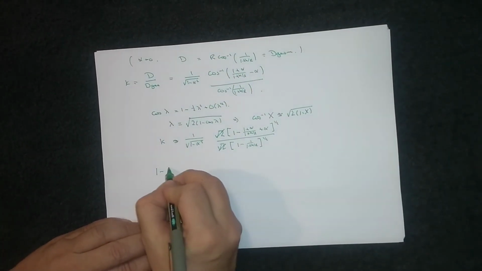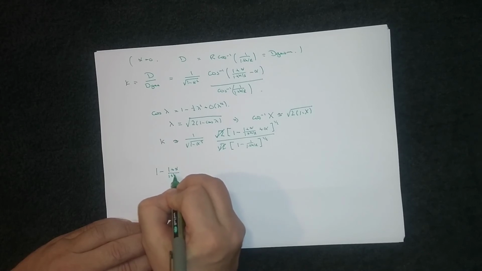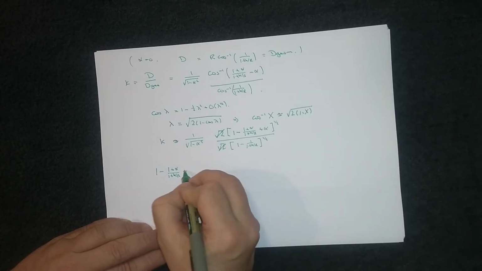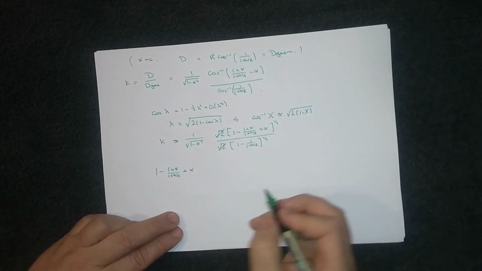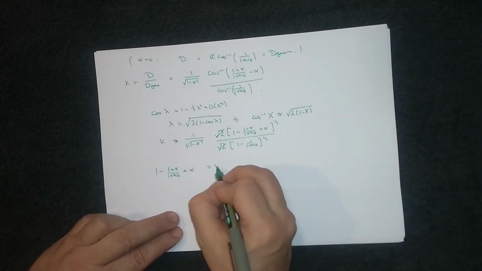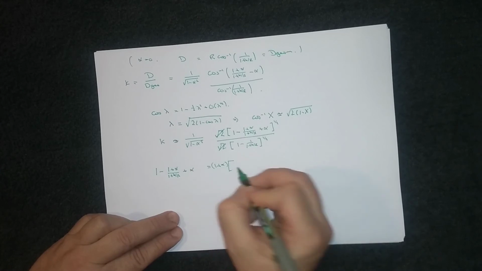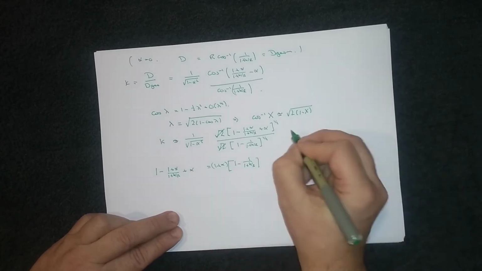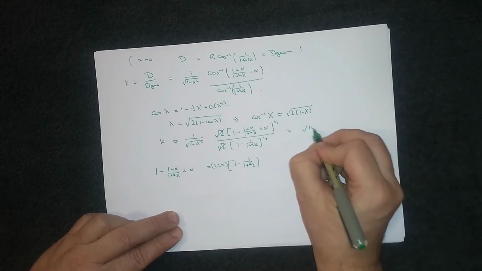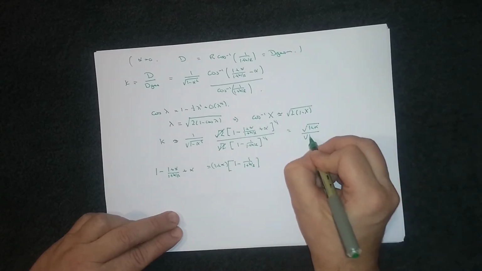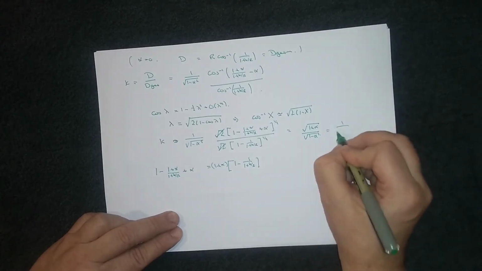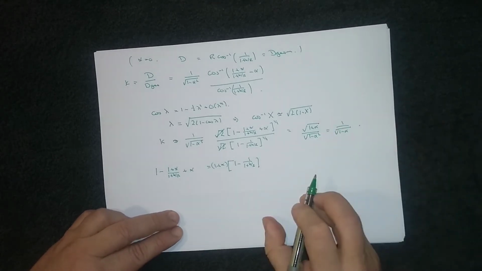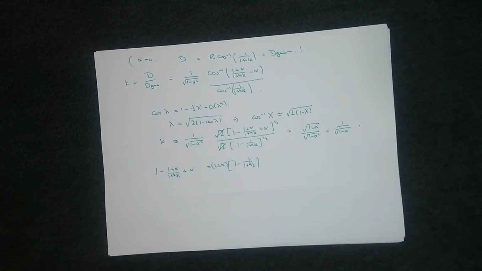Well, 1 minus 1 plus alpha over 1 plus h over r plus alpha is 1 plus alpha into 1 minus 1 over 1 plus h over r. So that thing is the square root of 1 plus alpha over root 1 minus alpha squared, which is 1 over root 1 minus alpha. So this is the ratio between the apparent horizon and the geometric horizon.